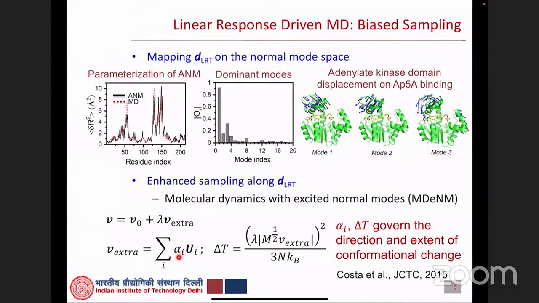One of them is alpha i, which we use to control the direction of conformational change. The direction should be along the response direction predicted by linear response theory. So we choose alpha i's such that the direction of conformational change in the excited normal mode simulations overlaps with the direction predicted by linear response theory. The second very important factor is the extent of conformational change.